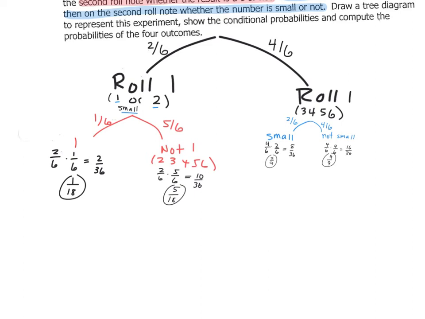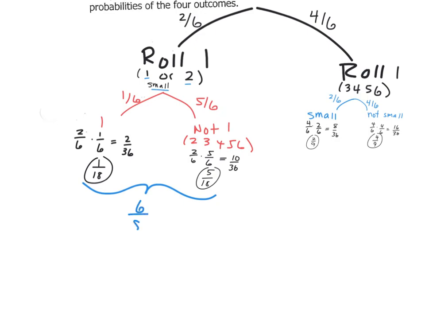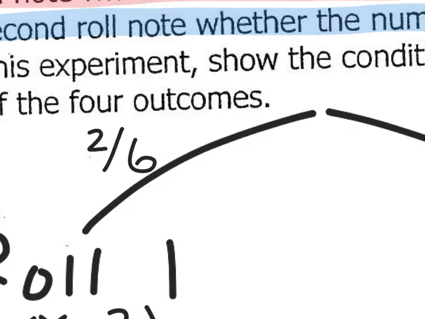And I know these denominators are also different and kind of hard to add together to see if the leaves equal 1. So I'll show you another way that we can check this. If you notice at the very beginning, we had a 2/6 chance of anything on this side occurring, right? And if you add together these two, we get 6/18ths, which is 1/3, as is 2 out of 6.